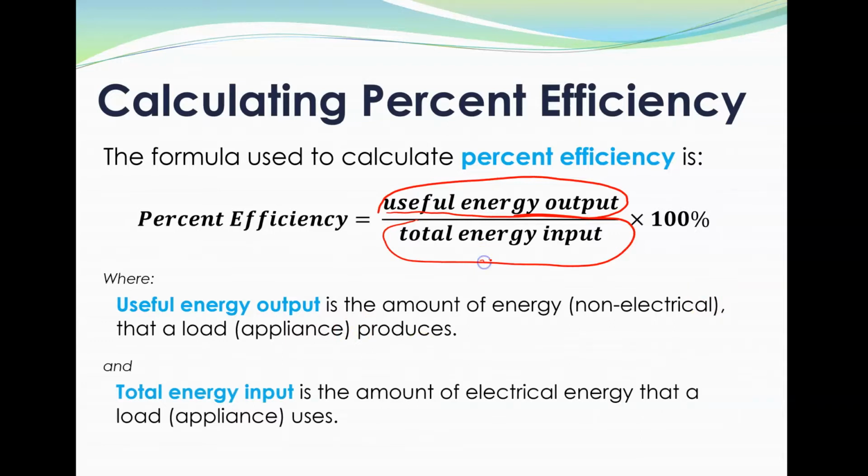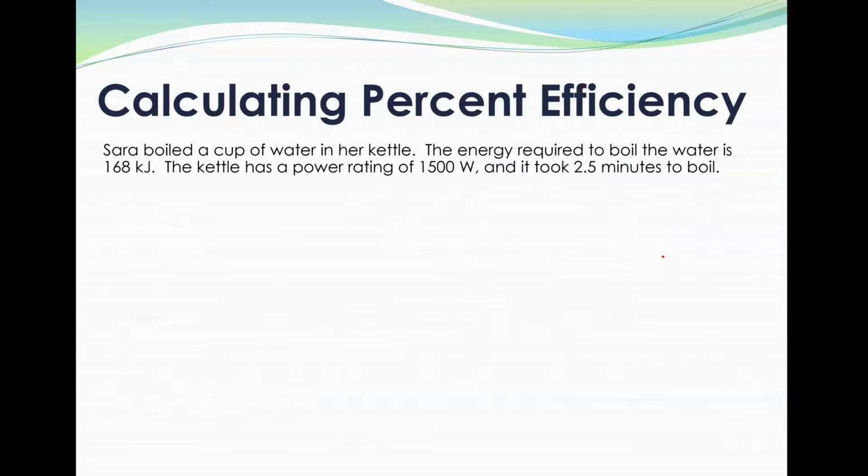And the total energy input is the amount of electrical energy that a load uses. So this is what it produces, the top part, and this is basically how much the load uses.